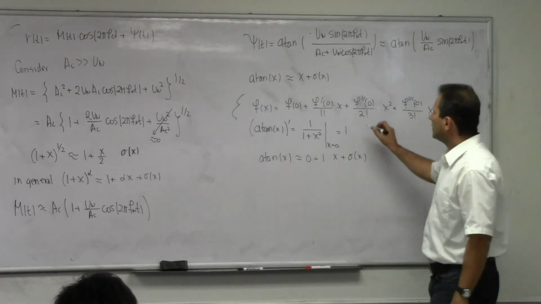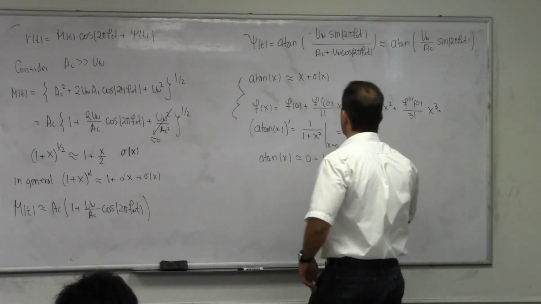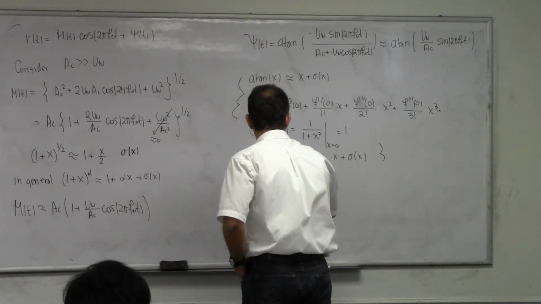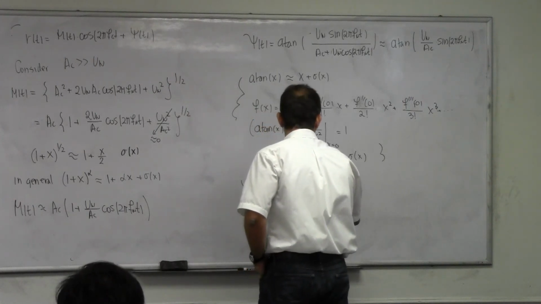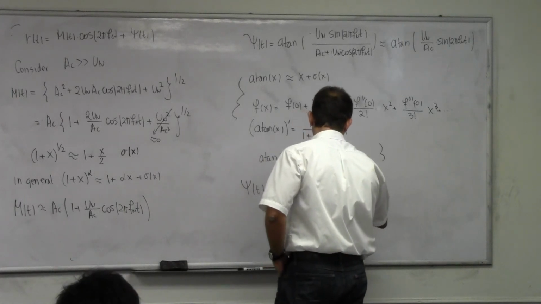So here, now using all of this, we get that our psi(t) is UN divided by AC times sine of 2 pi Fn t.